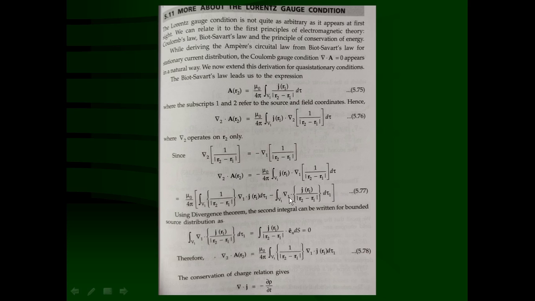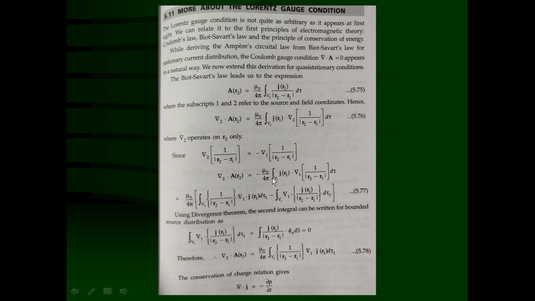So del operating on a product of a scalar and a vector can be written like this. The scalar quantity 1 upon modulus of R2 minus R1 is taken constant outside, and del 1 operates on the vector quantity, that is del 1 dot J of R1. Then J of R1 is taken constant outside, and del 1 operates on the scalar quantity 1 upon modulus of R2 minus R1.